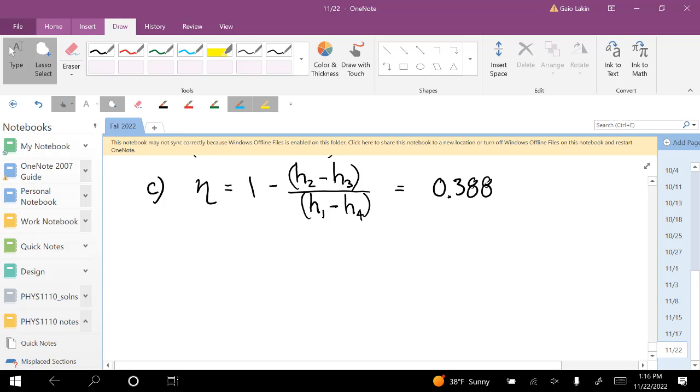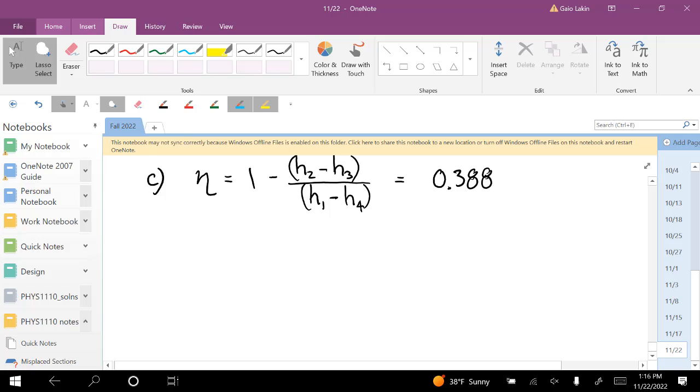And then the last thing, so this one we didn't do in number one. Now we're going to figure out the mass flow rate of the cooling water. So we have to think about the condenser. Here's the condenser.